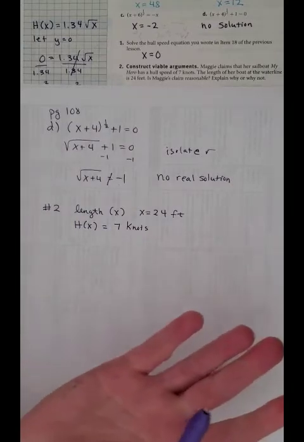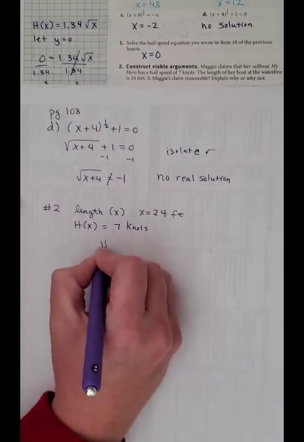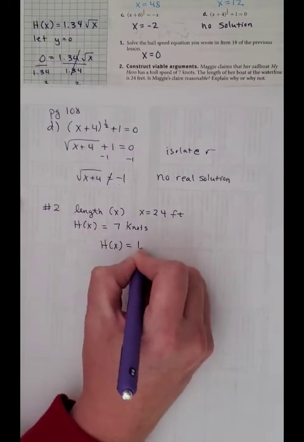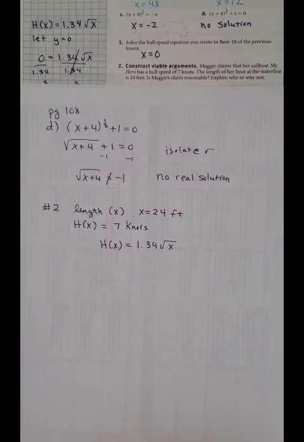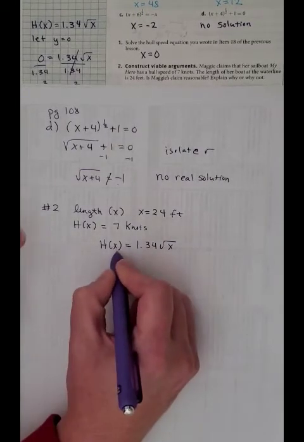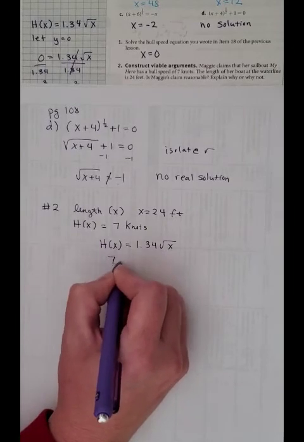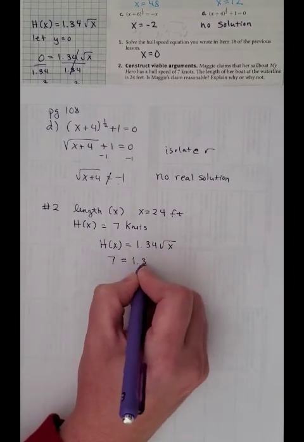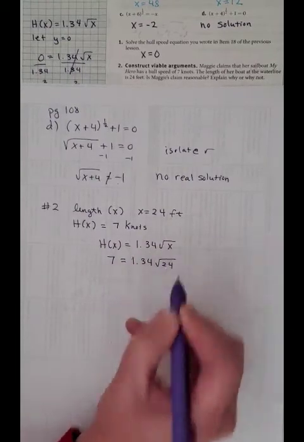So we could do this in 2 ways. We can either use our equation h of x equals 1.34 square root x and plug in the values on both sides. So 7 knots, 7, should equal 1.34, and then square root of x, x is 24.